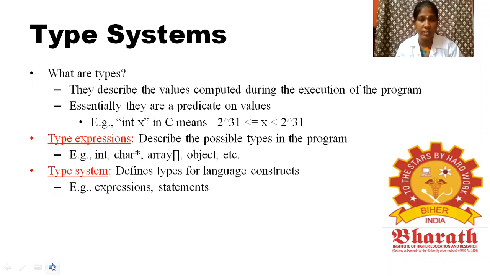The declared variables, functions, or anything else are given inside the type expressions. And the type system defines the language constructs, that is, the expressions and statements used inside the program always come under the type systems.